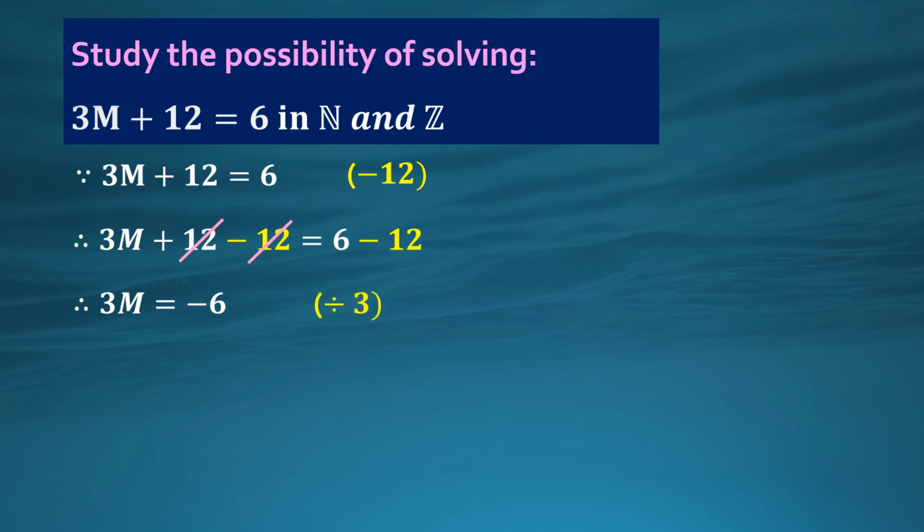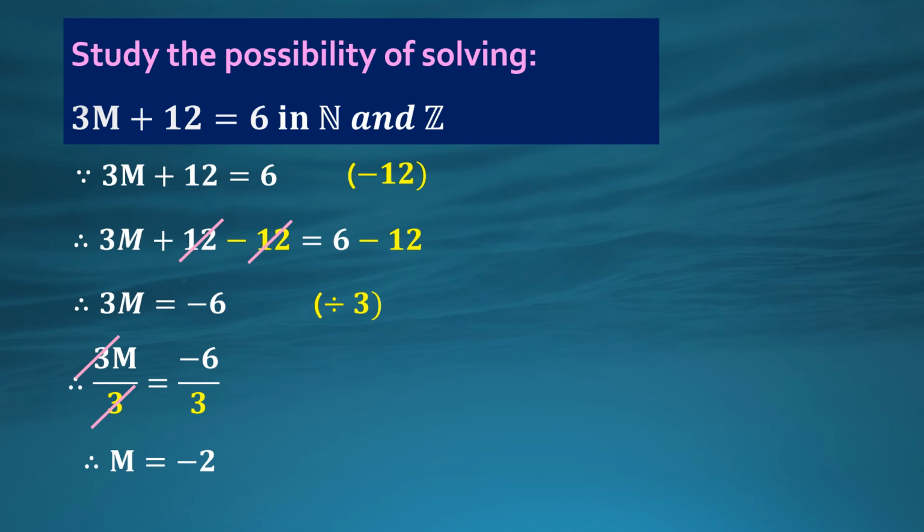Now we have 3 multiplying by m, so we will use the opposite of multiplying operation, which is dividing operation. So we will divide both sides by 3. Then 3m over 3 equals negative 6 over 3. And we will cancel 3 with 3 to get the left side m, and the right side will be equal negative 2.